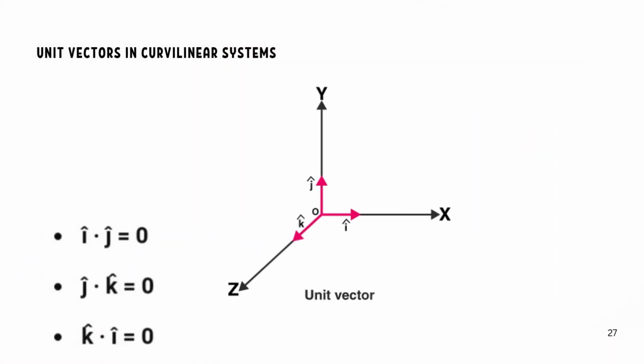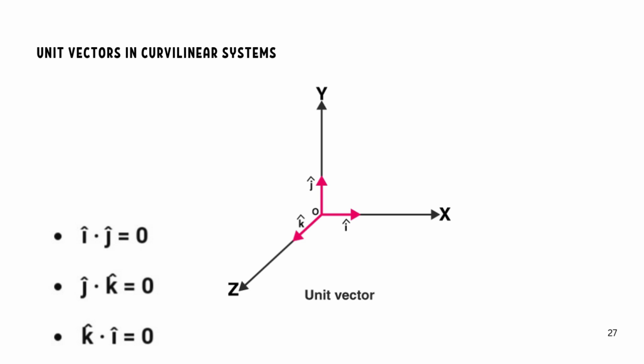Now, let's talk about what a unit vector in the curvilinear system actually is. We know that the unit vector along the x-axis is represented as i cap, along the y-axis is j cap, and along the z-axis is k cap.